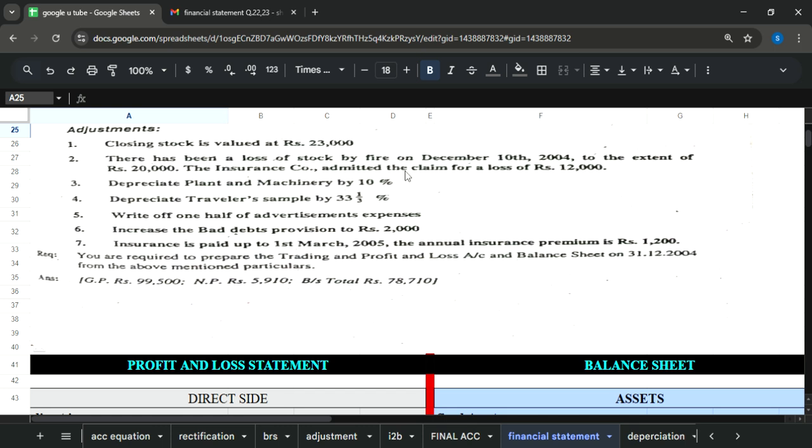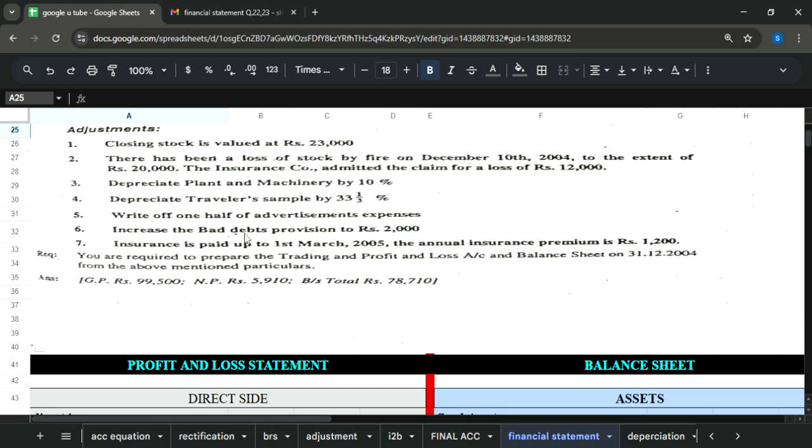What we have done: total loss was 20,000 subtracted from purchase, 12,000 was receivable from the insurance company. So total loss was 20,000, but we will recover 12,000. So it would be recovered, receivable on the asset side, but the amount which was not recoverable, that was the 8,000 actual loss, we have written in operating expenses.